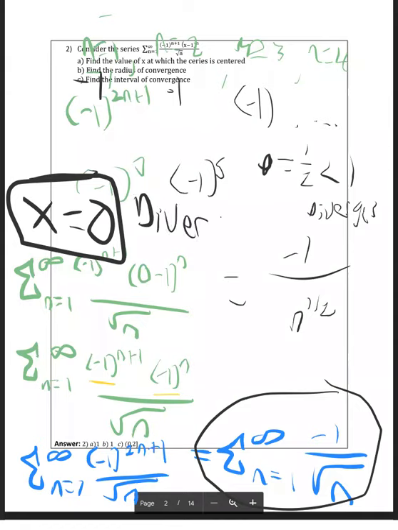That means we can't include it. It's going to be an open parenthesis, because we just plugged it in and figured out it doesn't converge here, it diverges. This interval is telling us which x values we can plug in so that it converges, and we now know we can't plug in 0 because it diverges. Does that make sense? Yeah.